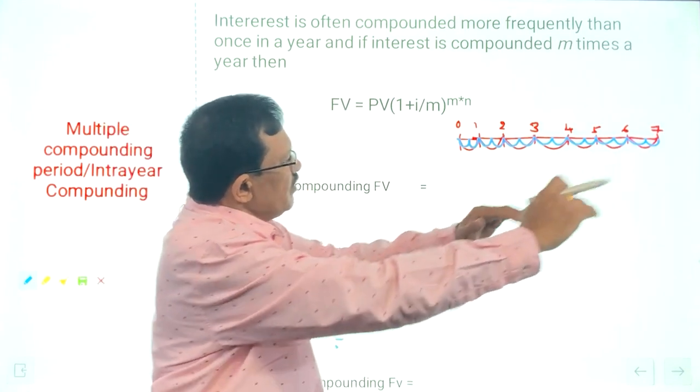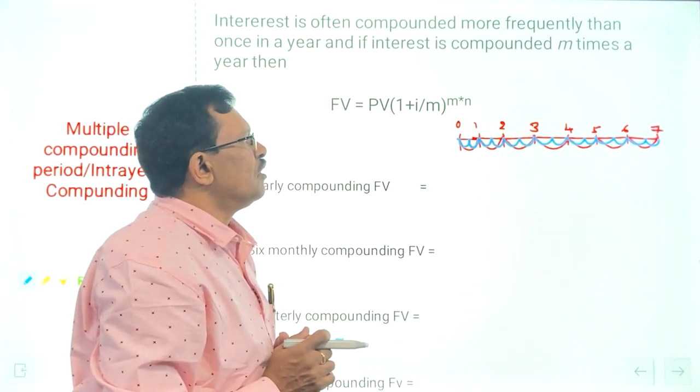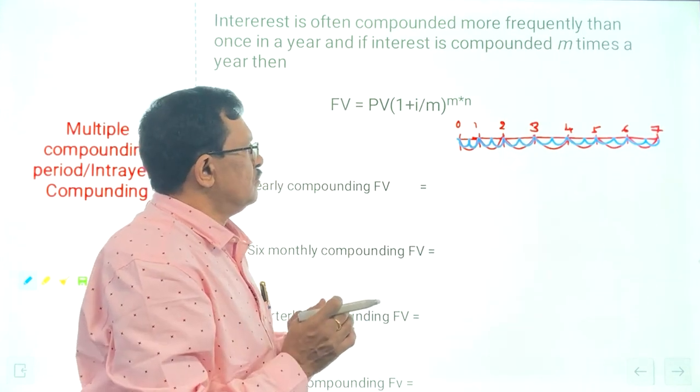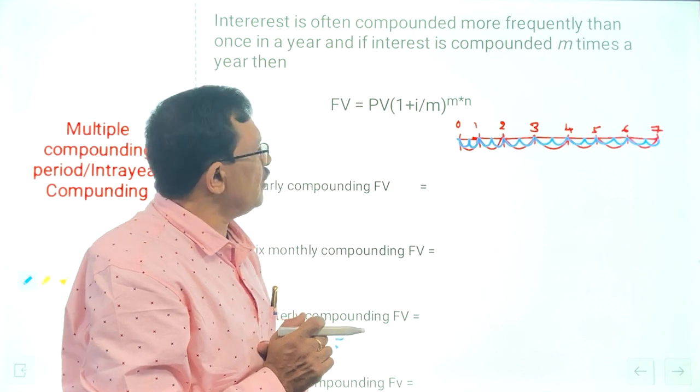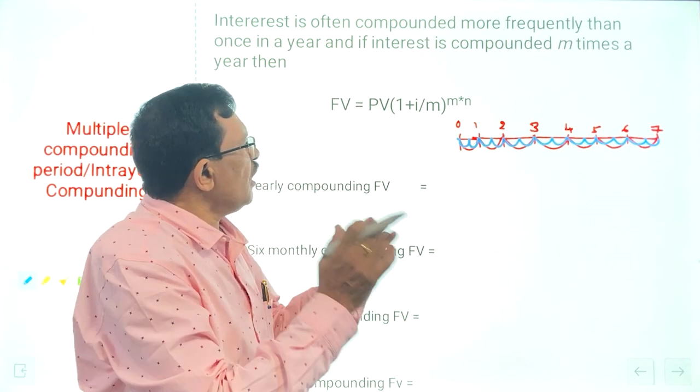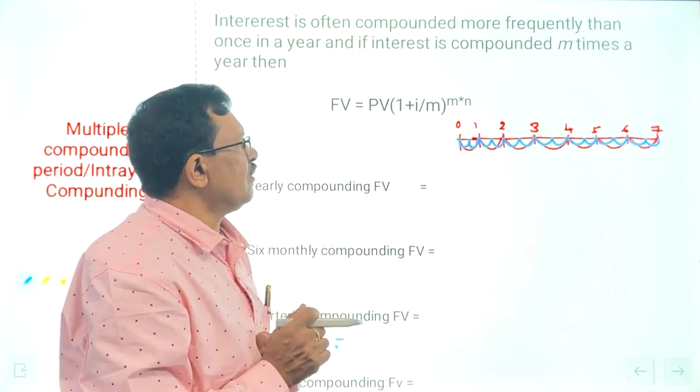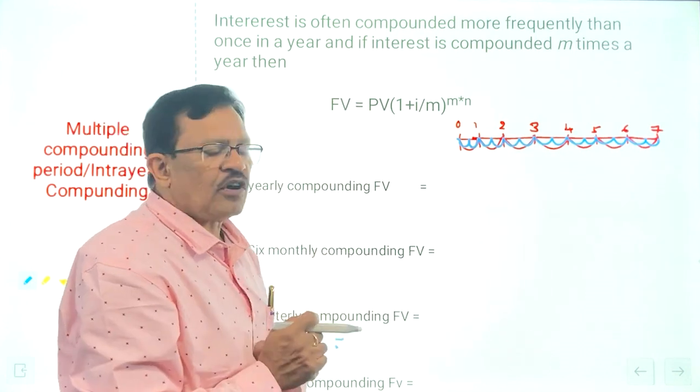And it becomes too complicated if you are going to have a multiple compounding period problem, wherein we need to calculate the interest accrued over a period of time.